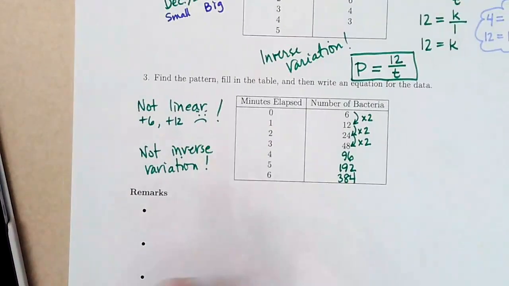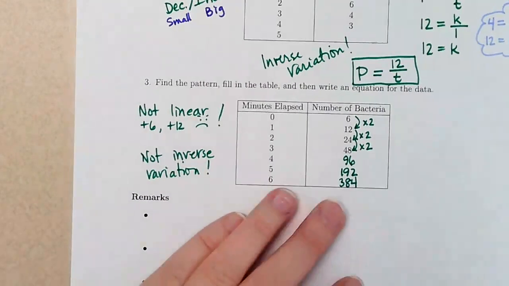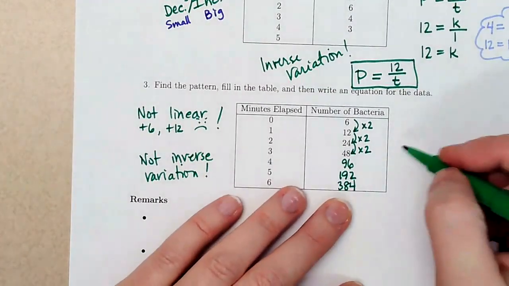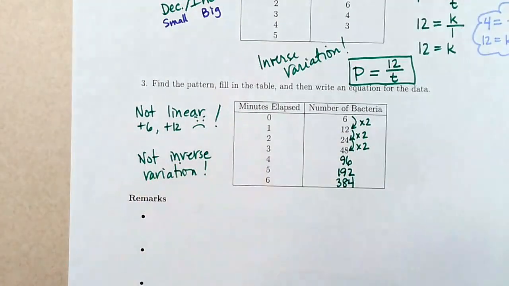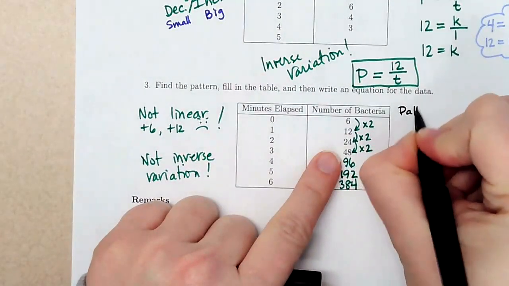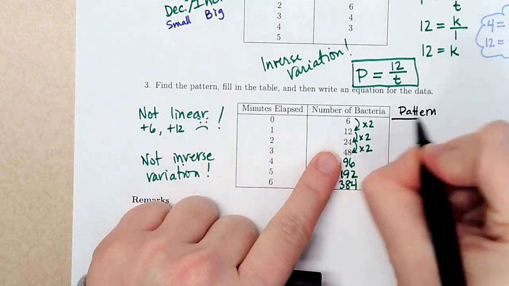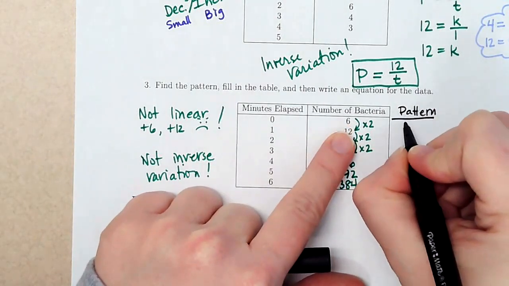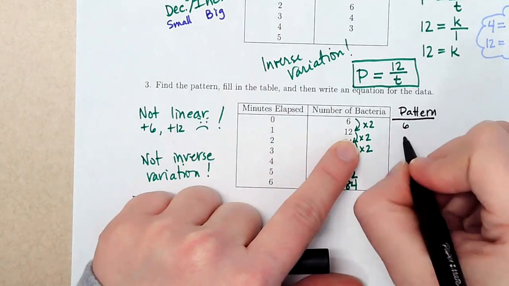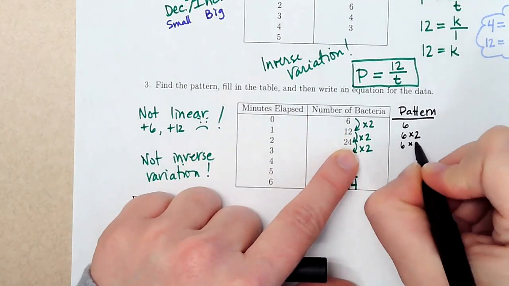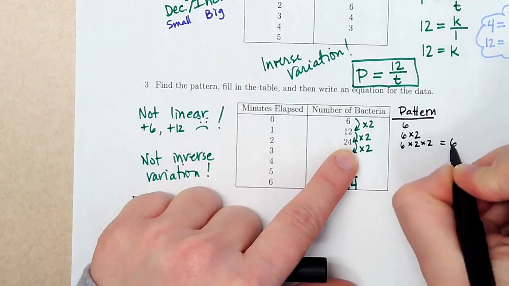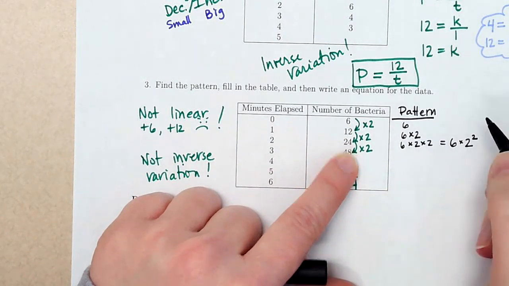It says, write an equation for this data. To think back to 1.7, this was 6, this was 6 times 2, this was 6 times 2 times 2, or 6 times 2 squared.